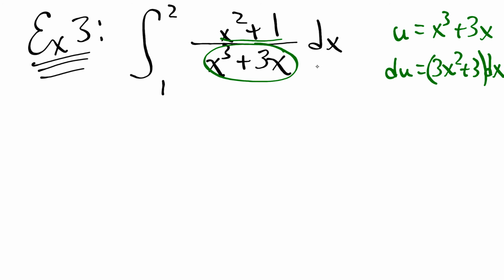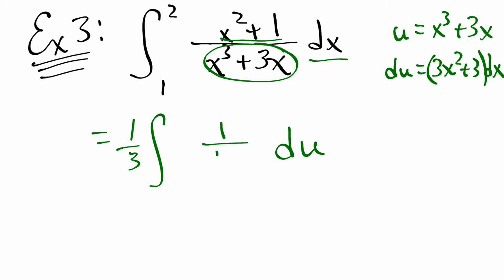Because this is x squared plus 1 dx, and x squared plus 1 dx looks like it's 1/3 of du. So we go 1/3 of du. The fraction that's left over is 1 over u. This is u. From where to where? Well, we can do that.